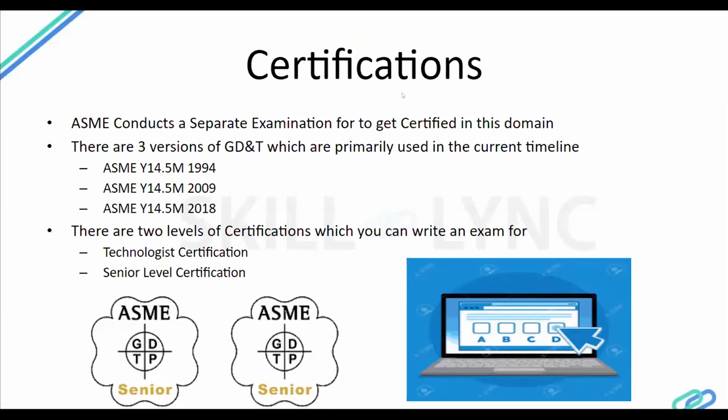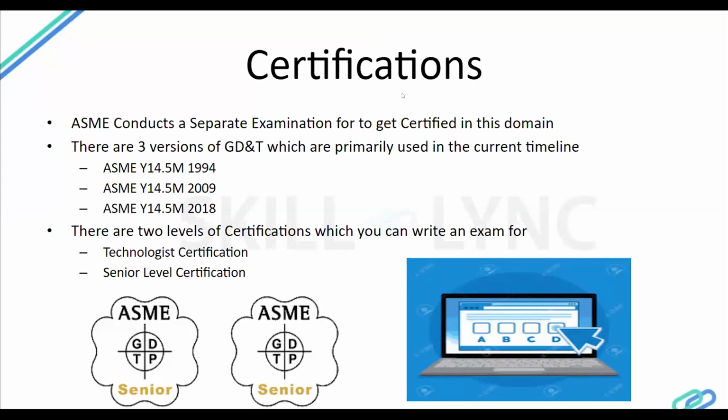And for each of these, you'll have two levels of certification: the technologist level certification and the senior level certification. You can apply for an ASME examination through the site, and for a technologist certification, they charge around $450, and for a senior level, around $550 or something.